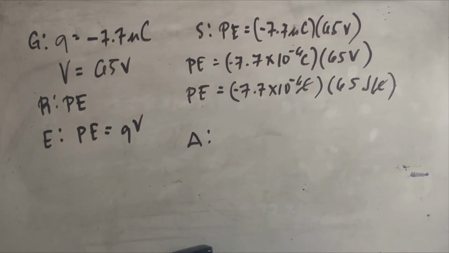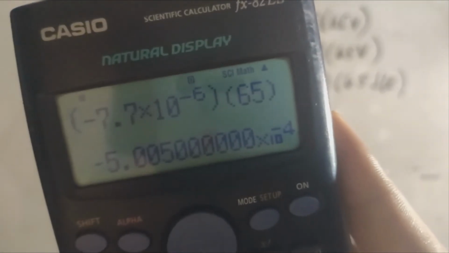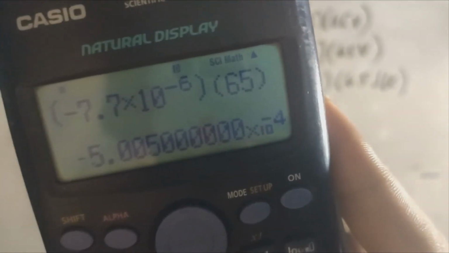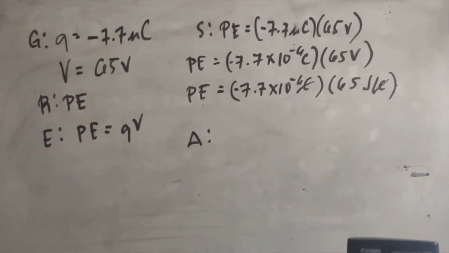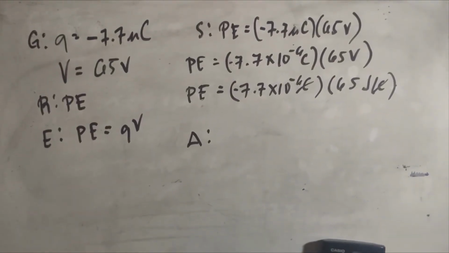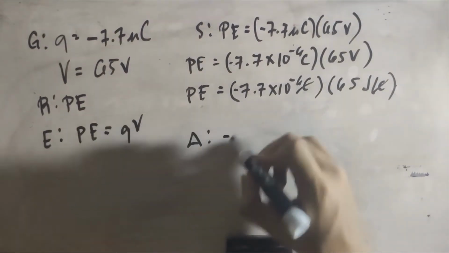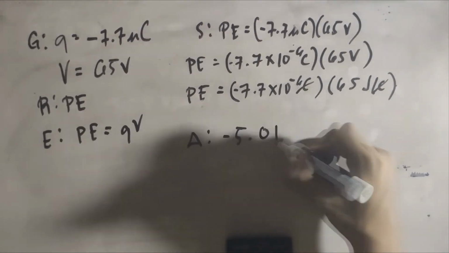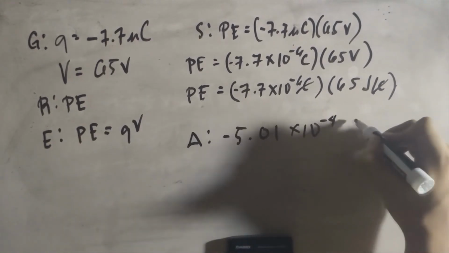Then you can proceed to input your values on your calculator. So we have negative 7.7 times 10 raised to negative 6 times 65. So our answer would be here. Rounding, that would be negative 5.01 times 10 raised to negative 4 joules.